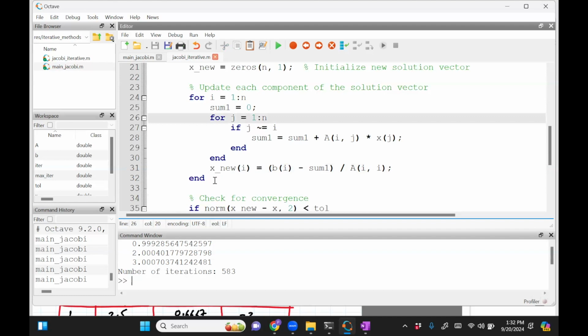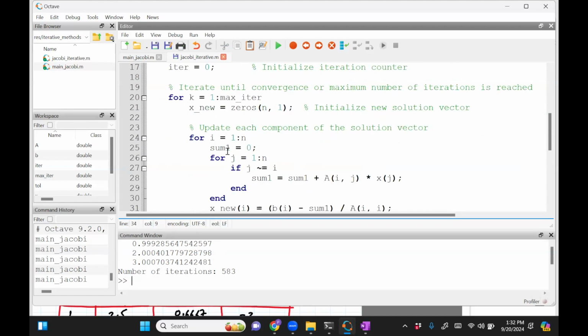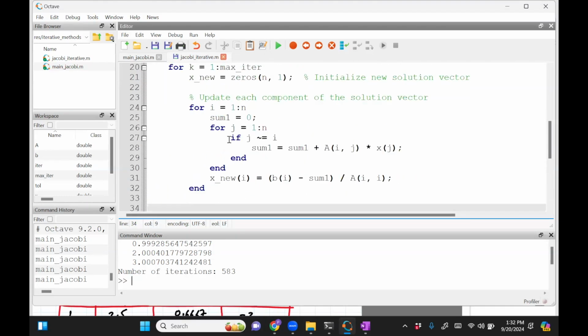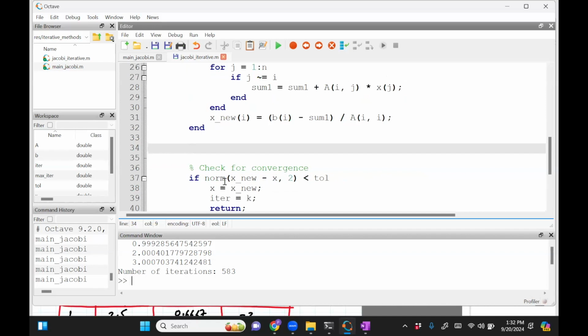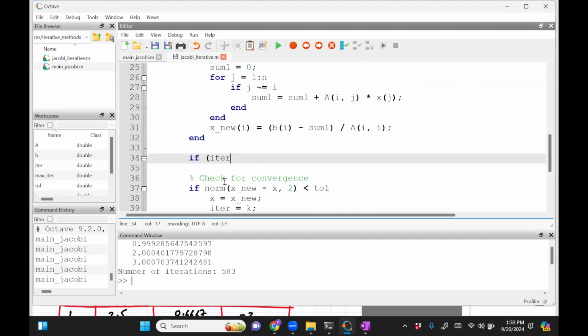So what we'll do is go here, just after exiting. This is 1 to max iter, and it is not saving the solution, so I need to print it right away. So if iter, I think iter is the name used? Yeah, iter.